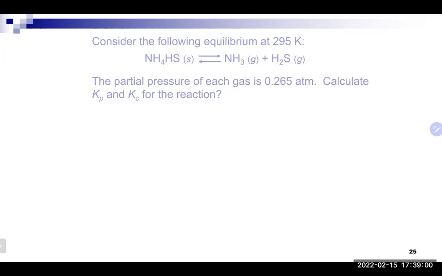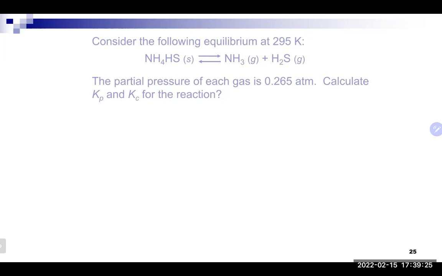We also talked about that you can go between the two. So in some cases, you may be given information about pressures, so you could calculate Kp. Other times, you may be given information about concentrations, which would allow you to calculate the Kc. And we could use the formula that Kp equals Kc RT^Δn to go from one to the other.